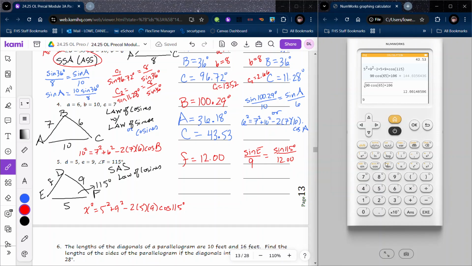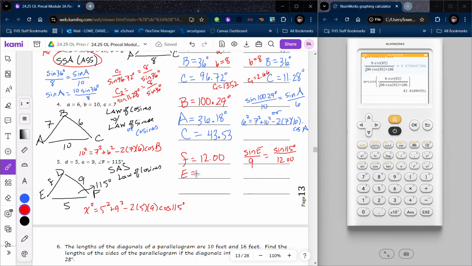So I'm going to have 9 sine 115 degrees divided by that 12.00 that I got. That's going to be my sine ratio. Take the inverse sine of that value, and that's going to give me my angle. And so that means the angle E is 42.82 degrees.